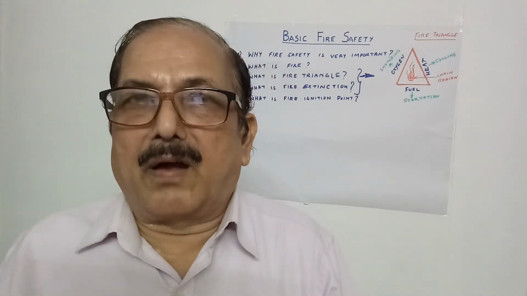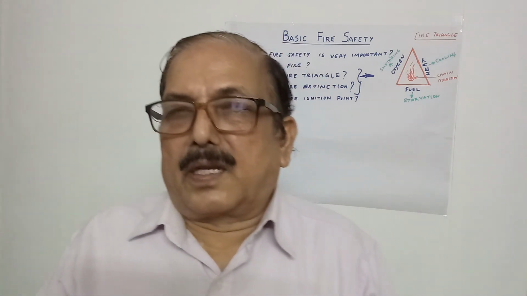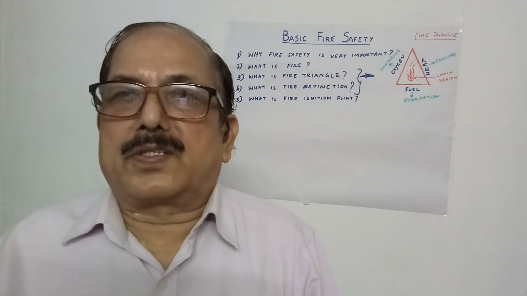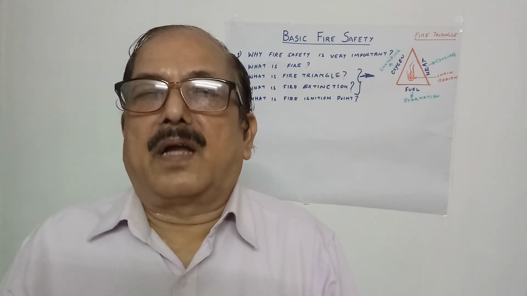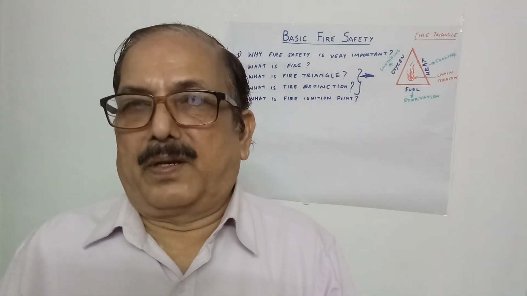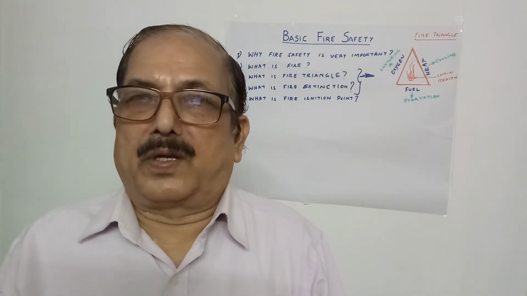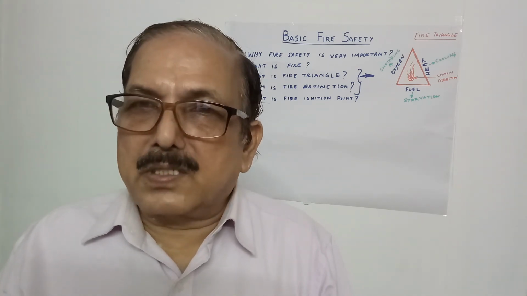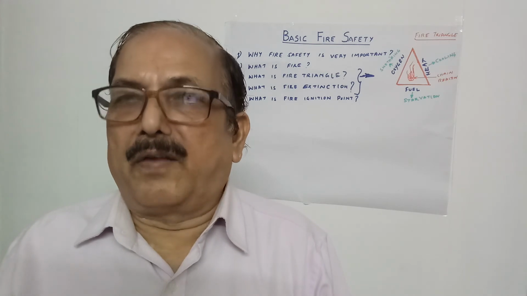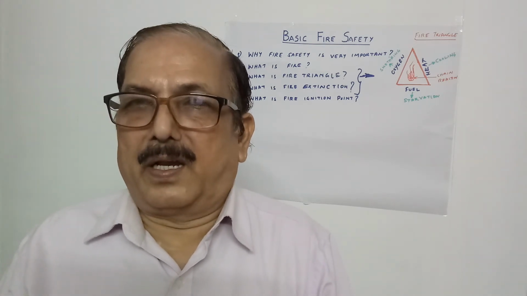So what we have discussed today is three main points: the flash point, the fire ignition point, and the auto ignition point. All these three points are different for different types of material.